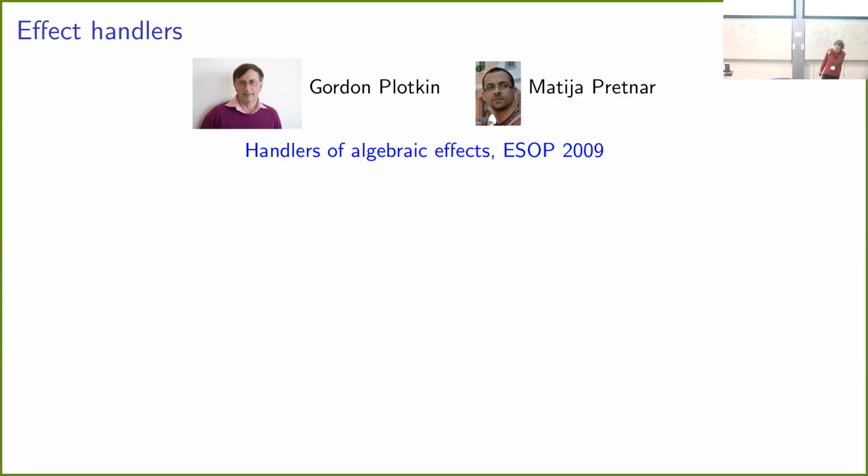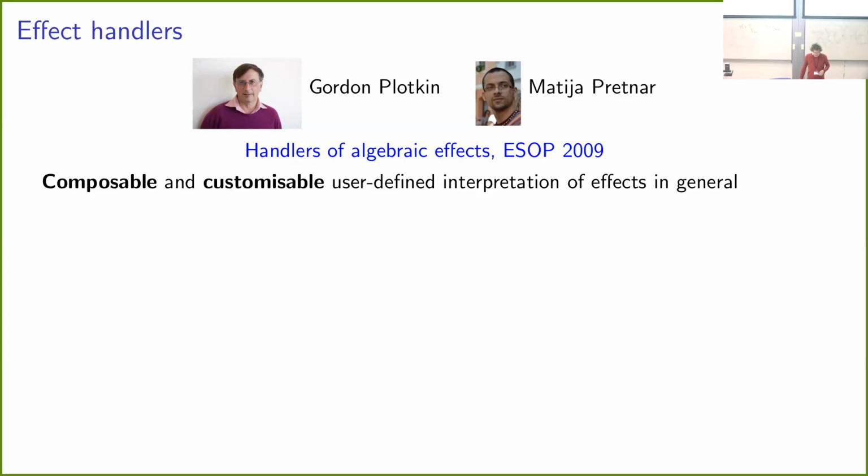And I'm not going to say very much about algebraic effects, although there's a connection here. So crucially for programming, effect handlers are composable and customizable, and we can define them inside our programming language.